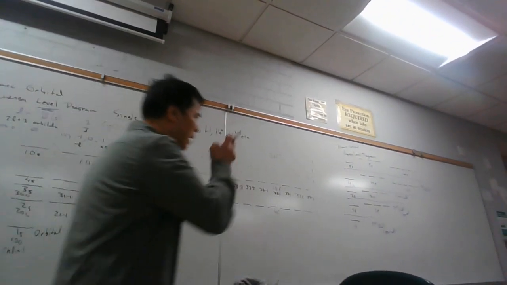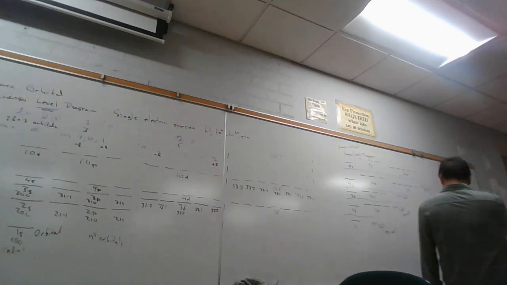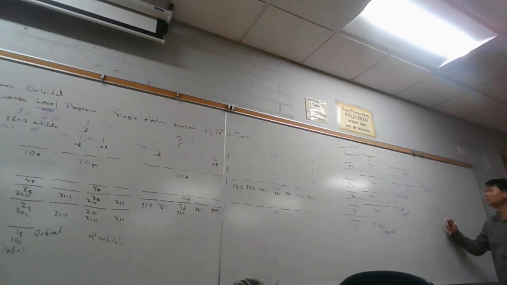And so let me talk about the pattern for this. When we get to multi-electron species, we can tell what orbitals are in the shell by making this kind of inverted pyramid. And so we start off with 1s, 2s, 2p, 3s, 3p, 3d, 4s, 4p, 4d, 4f, 5s, 5p, 5d, 5f, 5g, 6s, 6p, 6d, 6f, 6g, 6h.